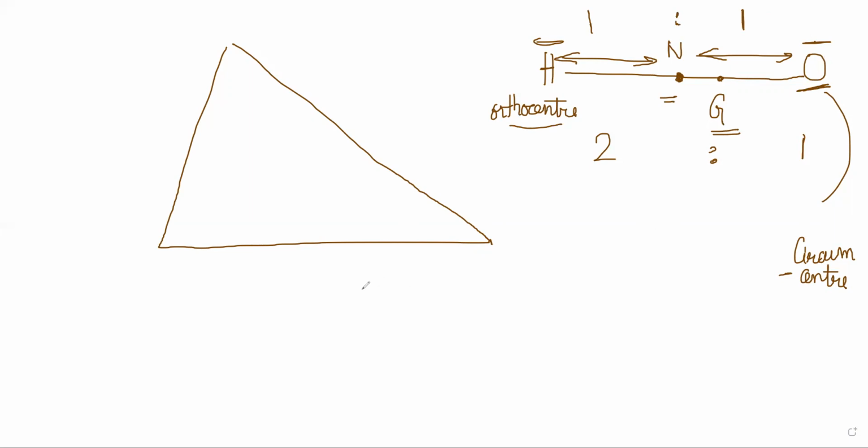So if you draw the line with points like this, H, N, O, somewhere here there will be the centroid.